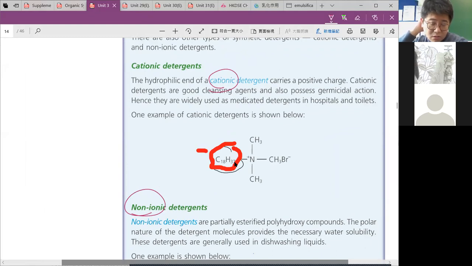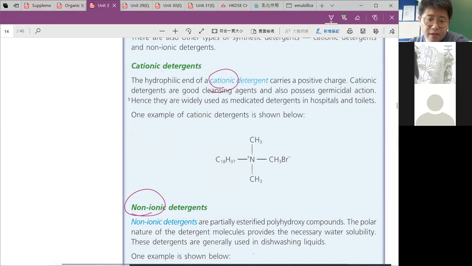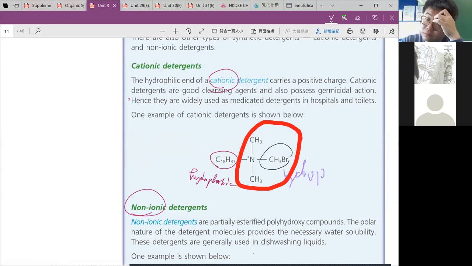What is that? Yes, hydrophobic for the circle part. How about hydrophilic? Where? This one is just hydrophobic. Hydrophilic here, is it? Whole circle. Why not you make a circle for all?